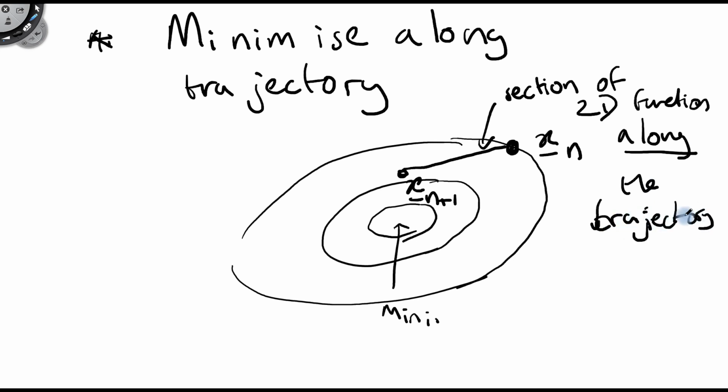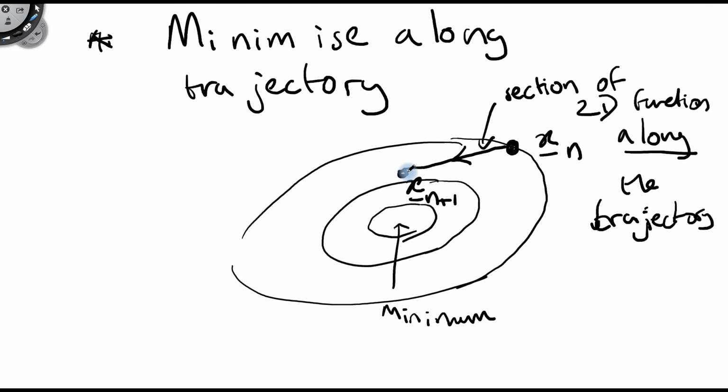By defining this trajectory with minus grad f, that actually forms a one-dimensional function from this bigger 2D function. So you're minimizing this function along here. It's trying to find the minimum along the trajectory, and then it's going to stop, and then repeat.